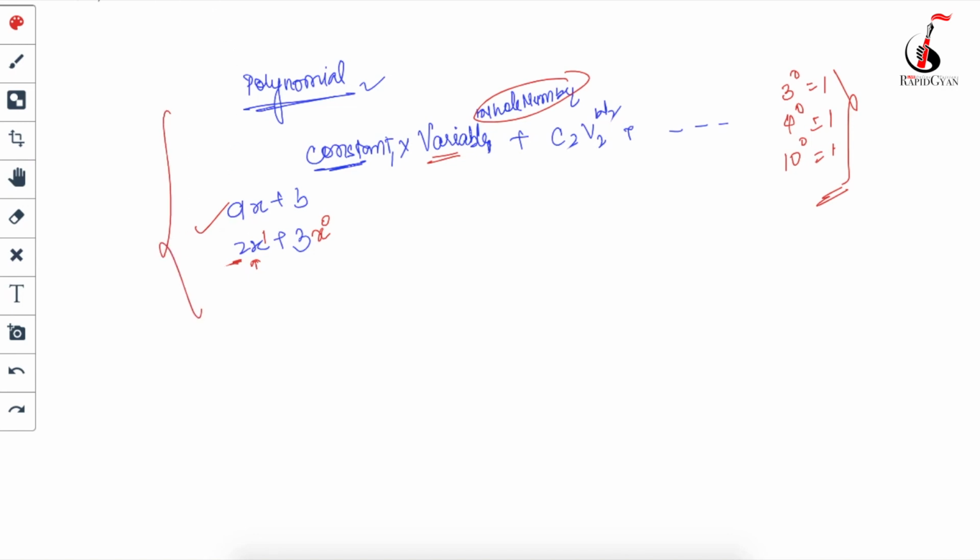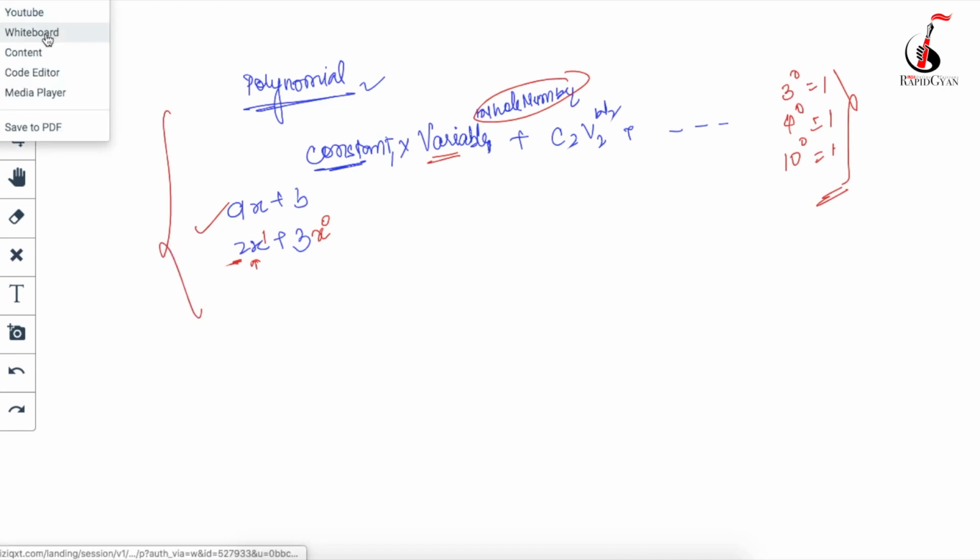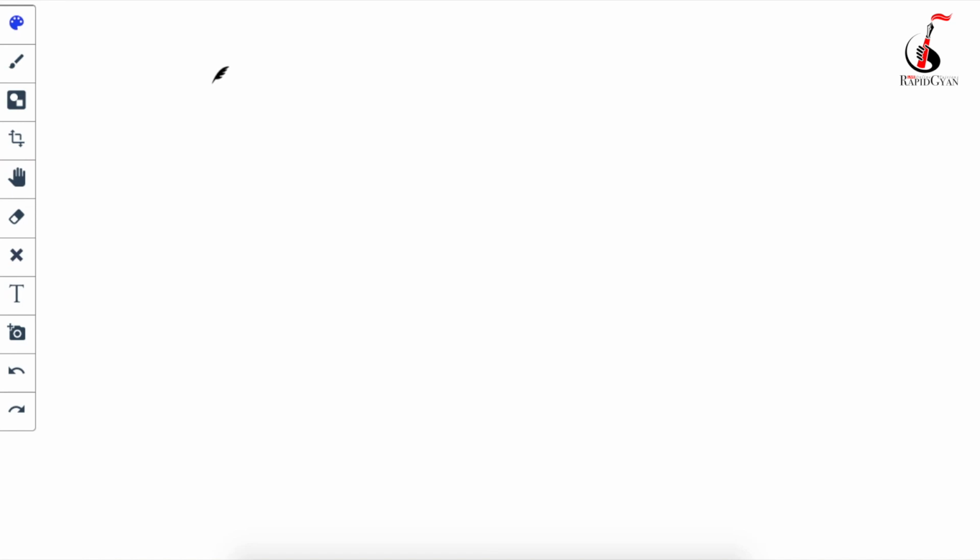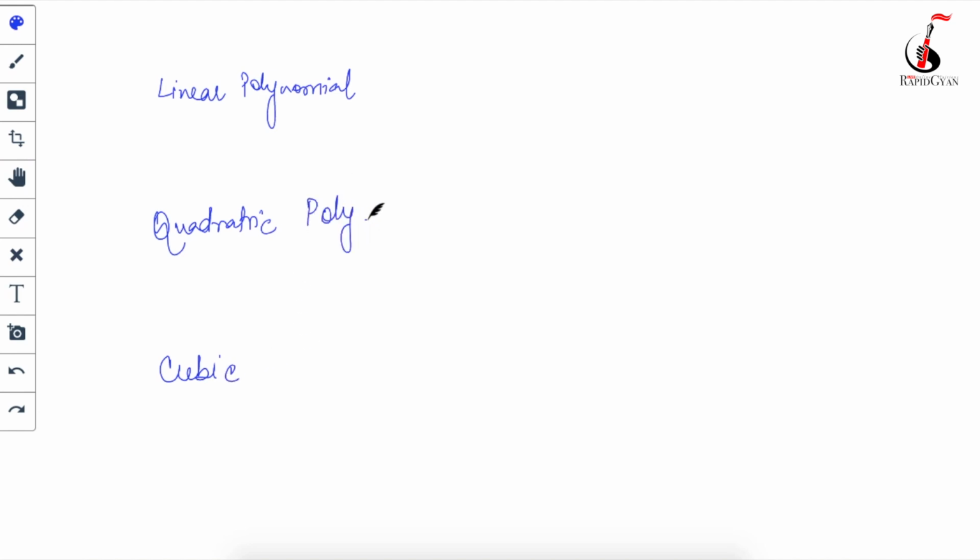In your previous classes you must have studied a few types of polynomials. Have you heard of the linear polynomial? Apart from linear polynomial, anything else? Yes, quadratic polynomial, and then cubic polynomial. These are the three types of polynomial you have studied in your previous classes.